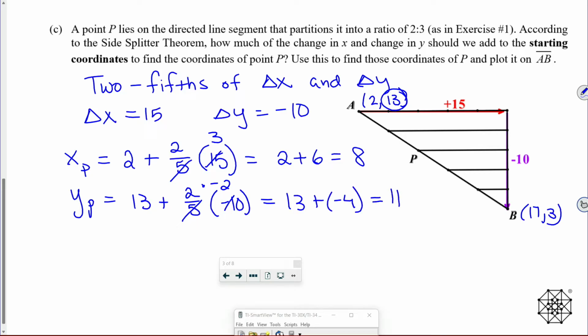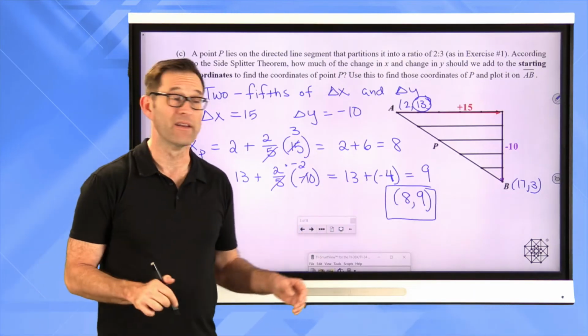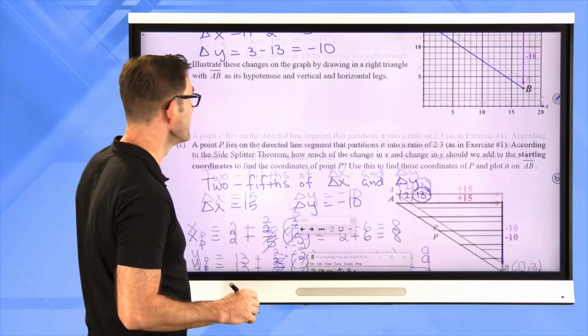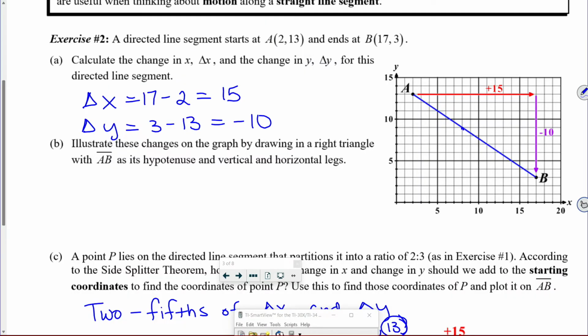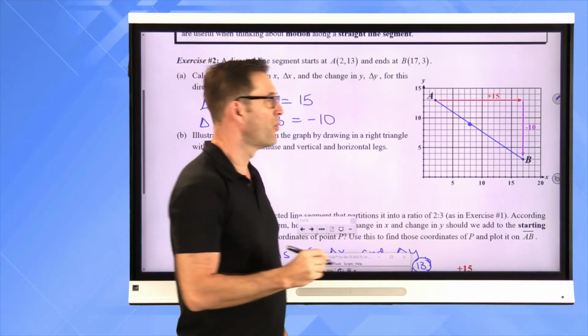And that's going to be, whoops, not 11, that's going to be 9. And so my partition point should be at coordinates 8, 9. Now hopefully that point is even on there. So let's go up here. Let's go over to 8, 9, and there it is. And there is point P.